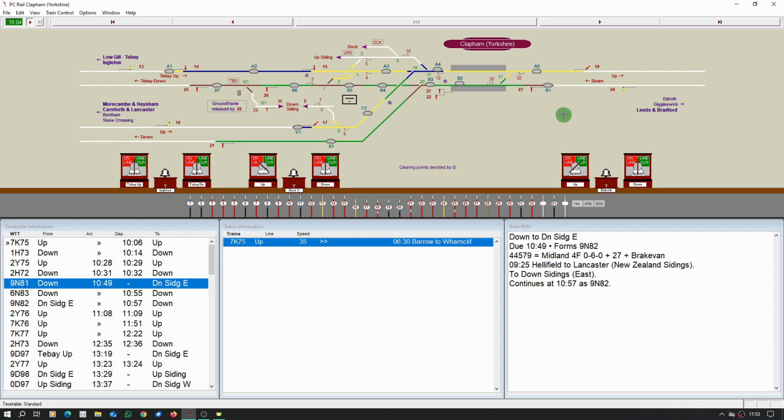And on the down, the clearing point is, again, we've got an inner and outer home signal, although these are like starters at the end of the platform, but they are in the rear of the box, as it were. So we need the line clear up to there, so as soon as the train's left and gone beyond 22 and 27, we can send out a section and accept another train if it's required.